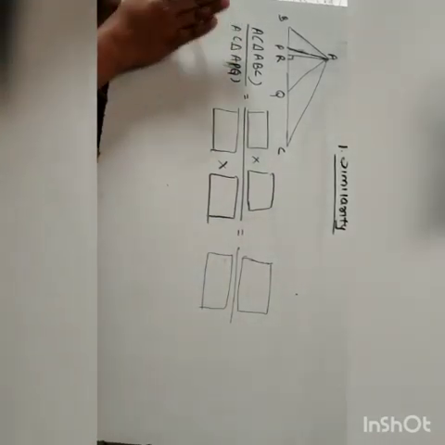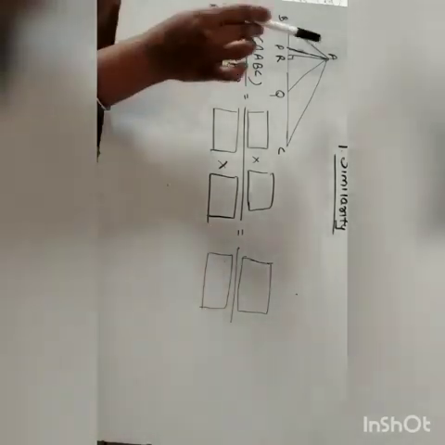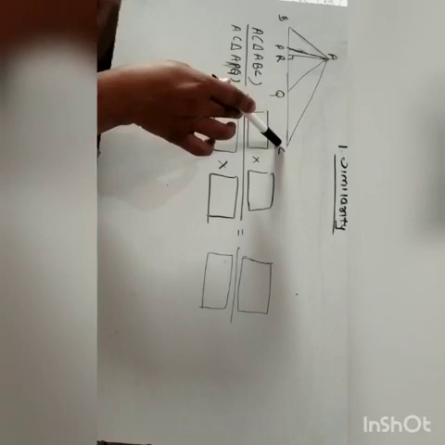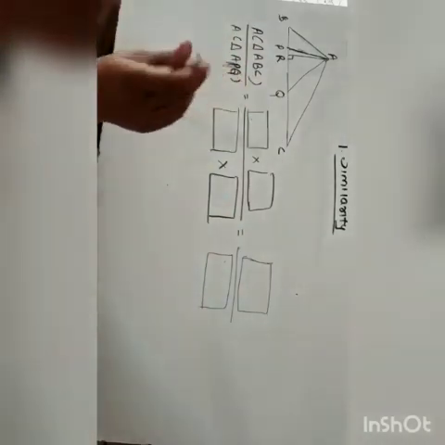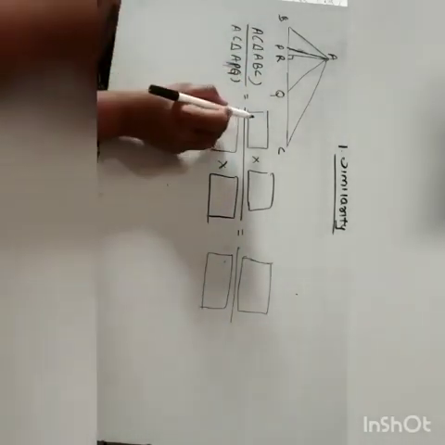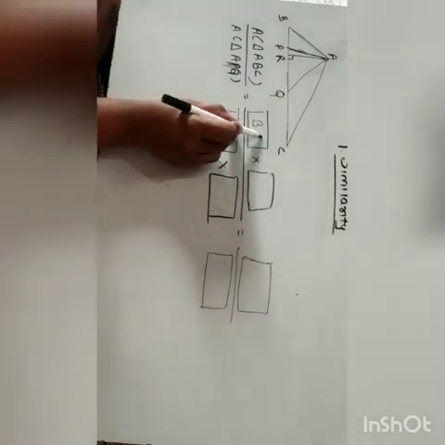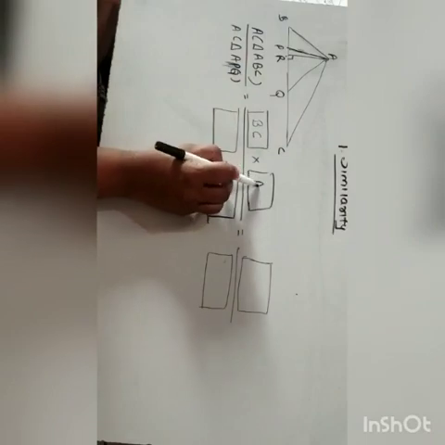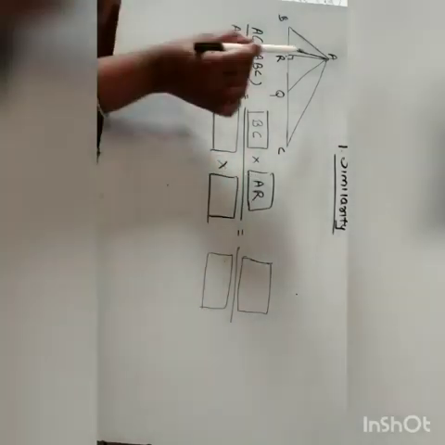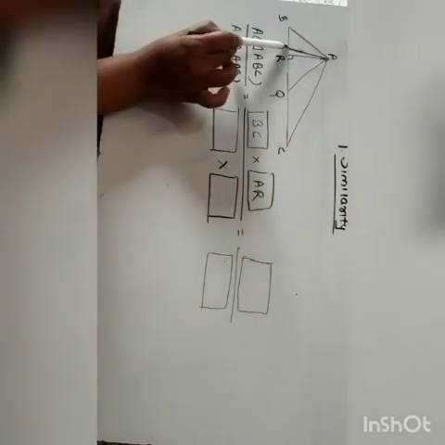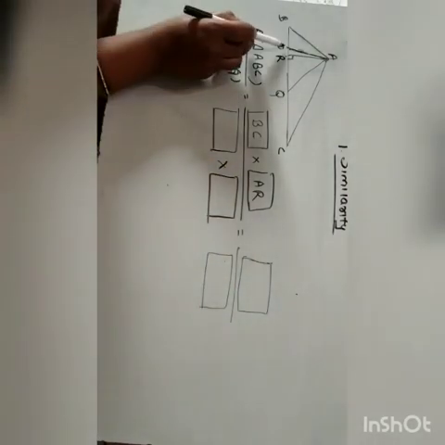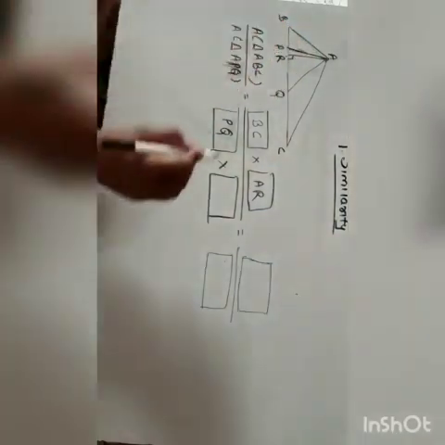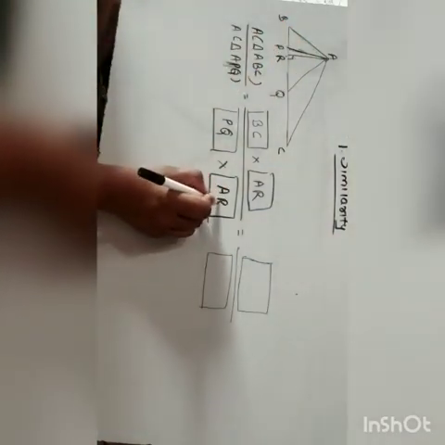In this figure we see two triangles, triangle ABC and triangle APQ. For triangle ABC, BC is its base, so here we will write BC, and its height is AR. For triangle APQ, the base is PQ, but its height is the same, that is AR.